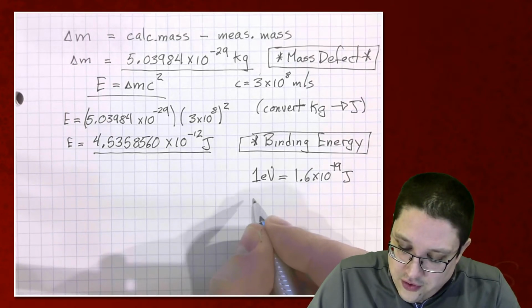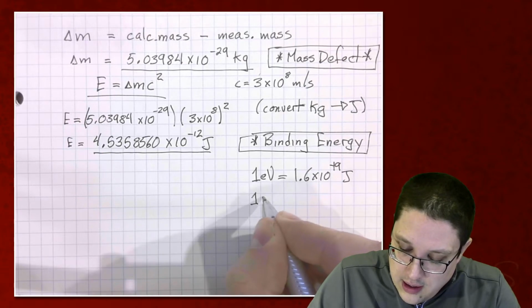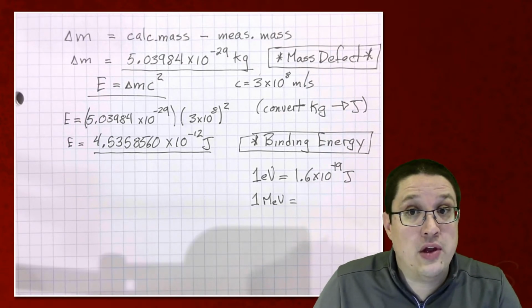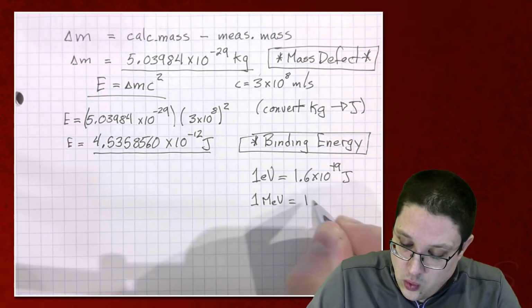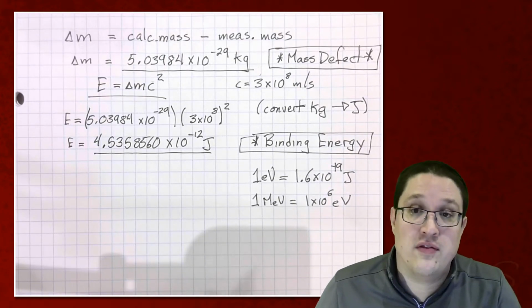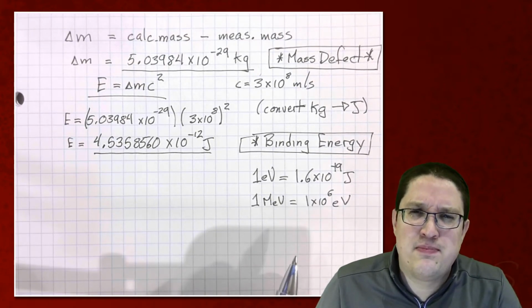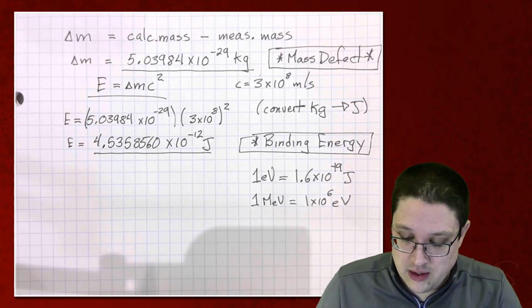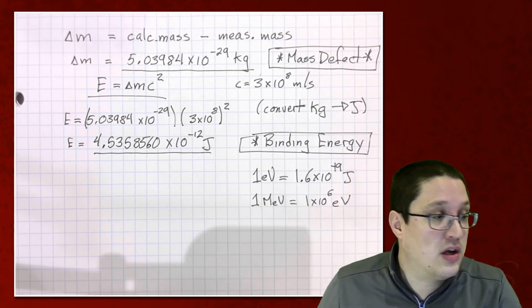Another thing that's useful to know is that 1 MeV, or mega electron volt, or million electron volts, is 1 times 10 to the 6th eV, electron volts. And again, that's pretty standard. This is just our mega prefix from our SI units. So these are important conversion factors.